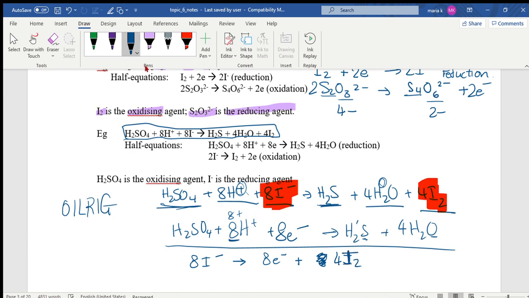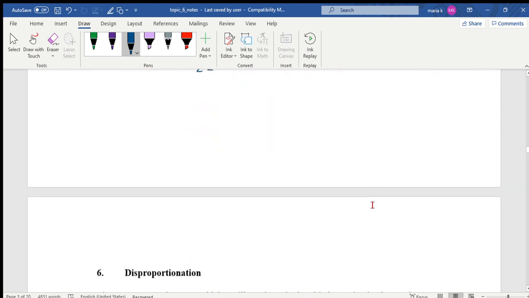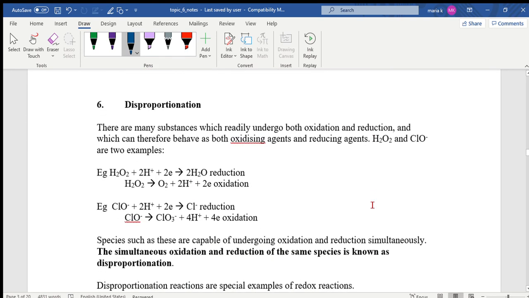Iodine, this is iodine, but now we can simplify this. 8, 8, 4, they do have a common factor, and so we're going to make it 2I minus becomes 2 electrons plus iodine. So let us confirm that this is all good. Yes, it is.